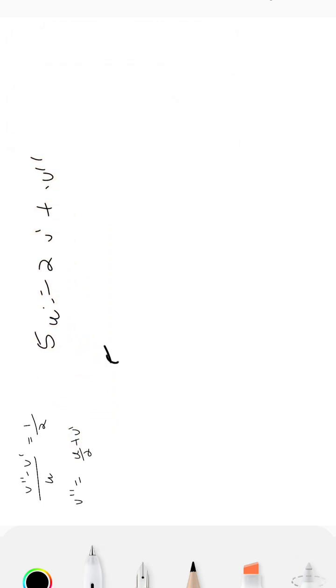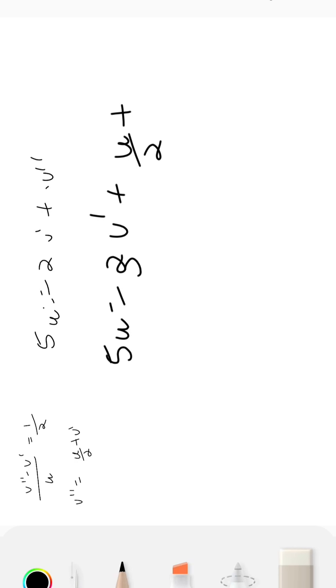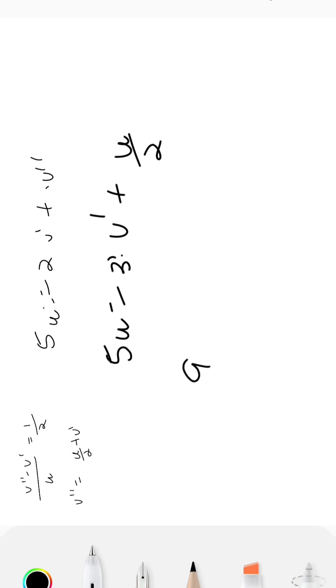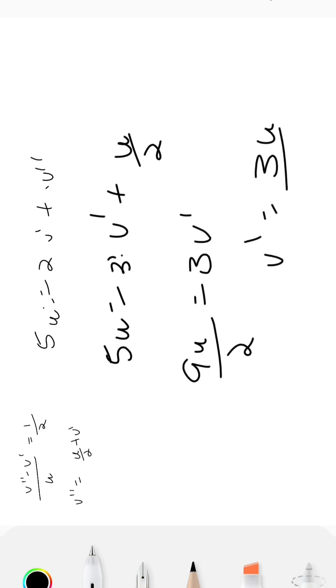So you can write here 5u is equal to 2v dash plus u by 2 plus v dash, so I'm going to replace it with a 3v dash over here. If you now simplify it, 9 by 2 u is equal to 3v dash. So the value of v dash is coming to be 3 by 2 u.